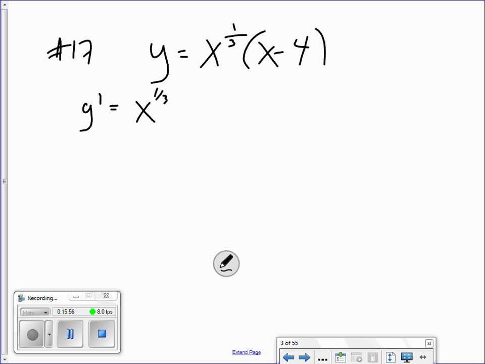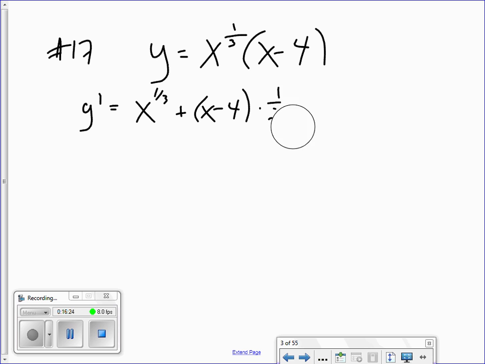First, derivative of the second, 1, plus the second times the derivative of the first. What's that going to be? Oh yeah, because it's x to the negative 2/3, so you're going to have a cube root of x.